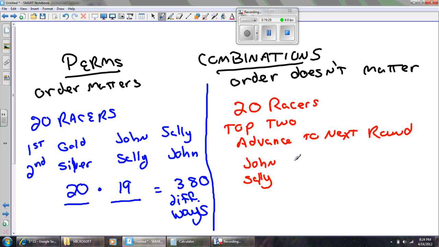Is that the same as Sally in first and John in second? And it is the same, because in the first scenario, who gets to go to the next race? John and Sally. In the second scenario, who gets to go to the next round? Sally and John. It's the same thing. So this is a combo.